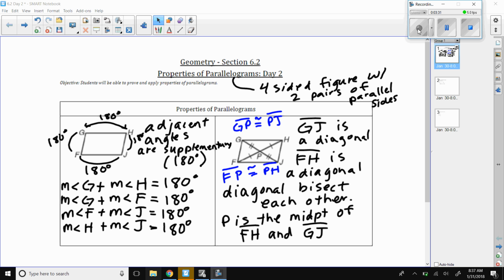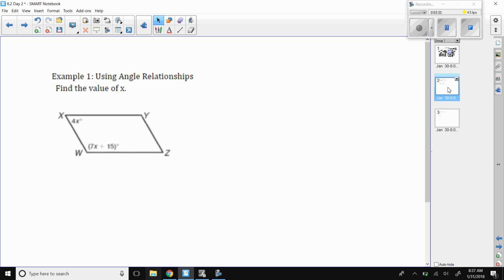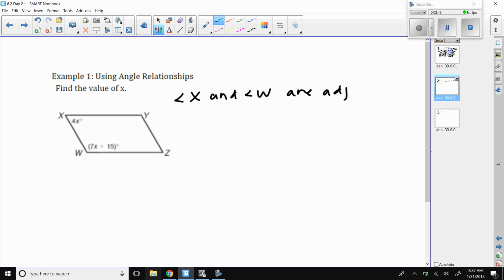So if you look at the first example, we see that we're using the property that these are going to be supplements. So angle X and angle W are adjacent, they're next to each other, and they're going to be supplementary, which means that they're going to add to 180 degrees. Okay.